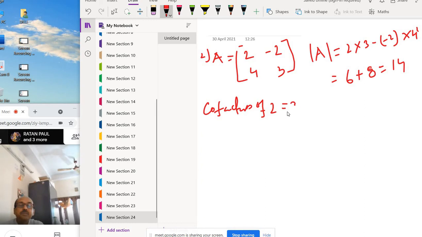So 3. Then the sign is plus, the first element plus. Then cofactor of minus 2.